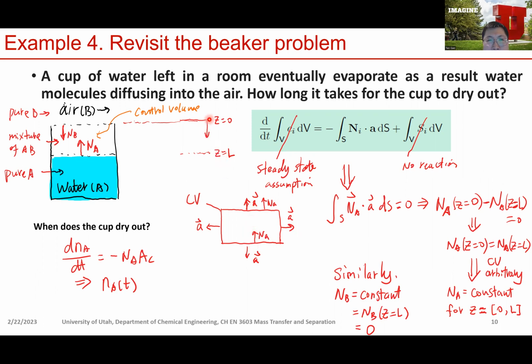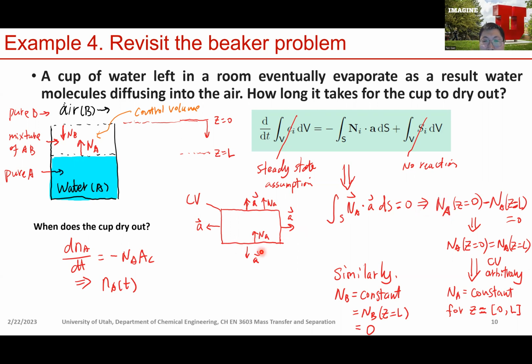If we define a coordinate where the origin is at the mouth of the beaker, pointing downward, and the liquid-gas interface is at z equals L, then at the mouth of the beaker, the A vector has the same direction as the flux, so the dot product gives a positive N_A.